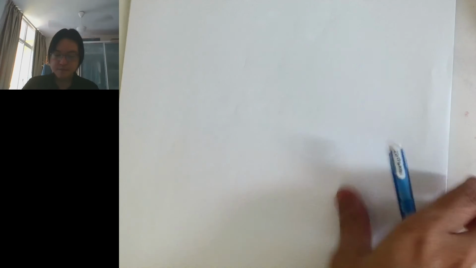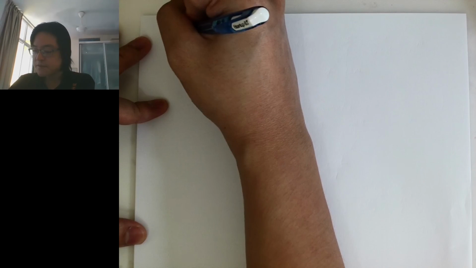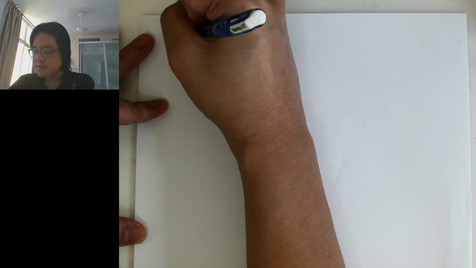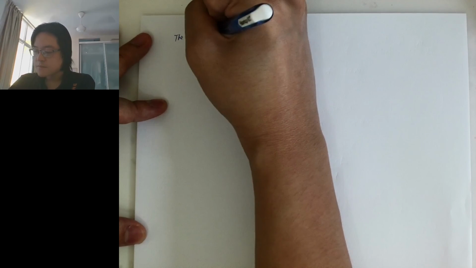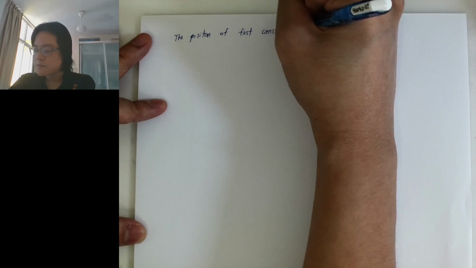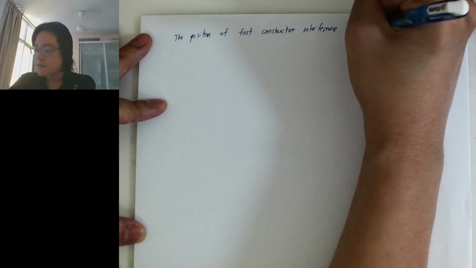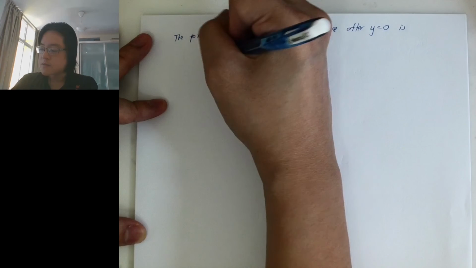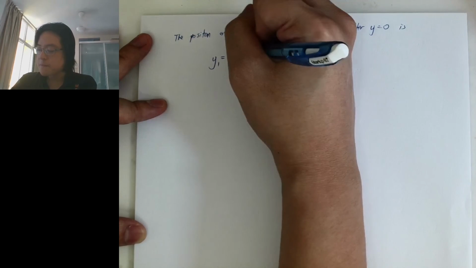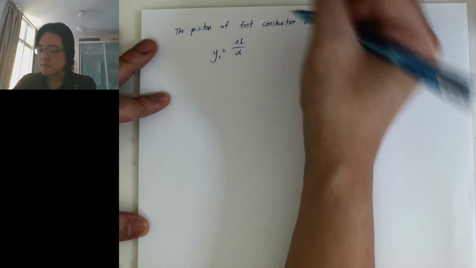So the position of the first constructive interference after the zero is, well, just lambda L over d, right?